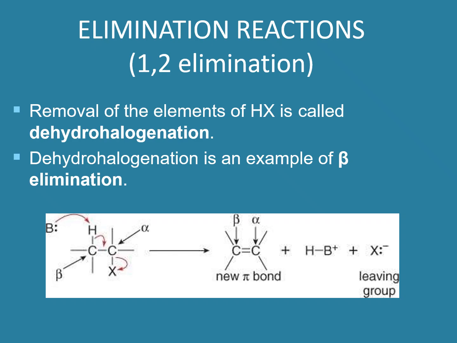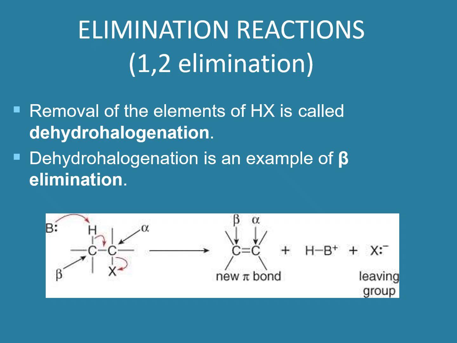In this reaction, the alpha carbon atom and beta carbon atom are labeled. The halide is denoted as X, and the carbon atom attached to the halide is known as the alpha carbon atom.